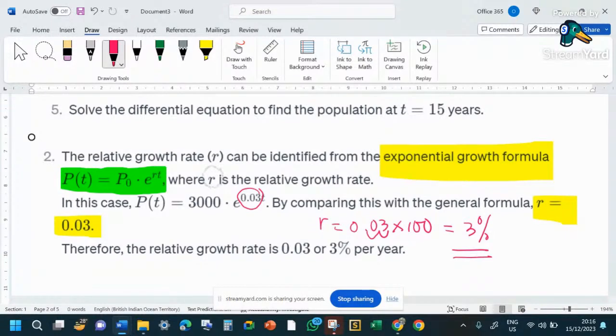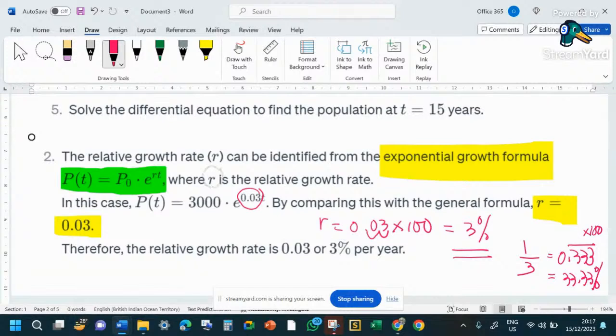Why is it in percentage? Because normally rate is a fraction, and if you want to have it in decimal, like 1 over 3, for example, this is equal to 0.333, repeated. If you multiply this by 100, then 1/3 is actually 33.33%.